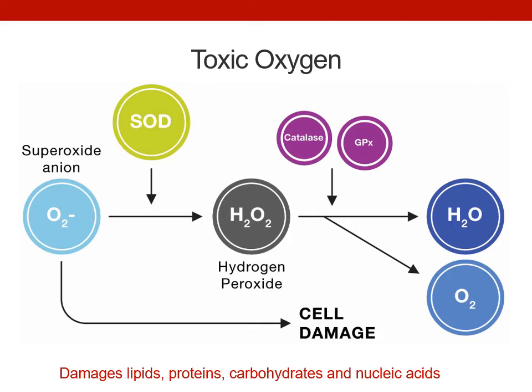Some organisms also produce the enzymes catalase and glutathione peroxidase that can convert the hydrogen peroxide to water and oxygen, two perfectly non-toxic molecules. Both the superoxide ion and the hydrogen peroxide can cause damage to lipids, proteins, carbohydrates, and nucleic acid, all of the biomolecules that make up the cell.